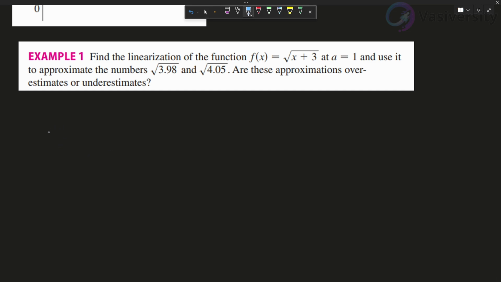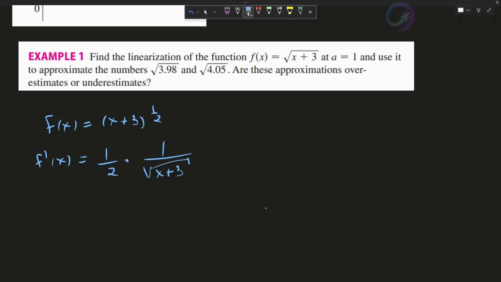So we can have f of x to be x plus 3 to the power of 1/2. So f prime of x is going to be 1/2 times 1 over square root of x plus 3, by the power rule and the chain rule.